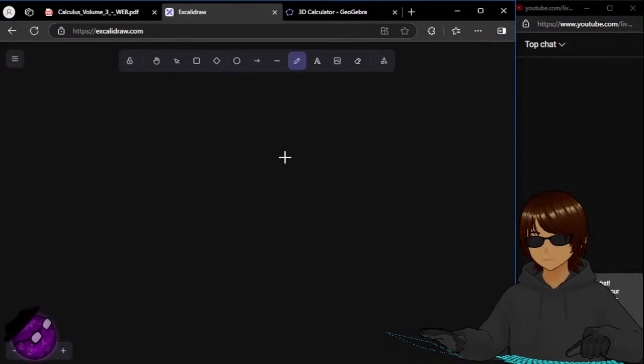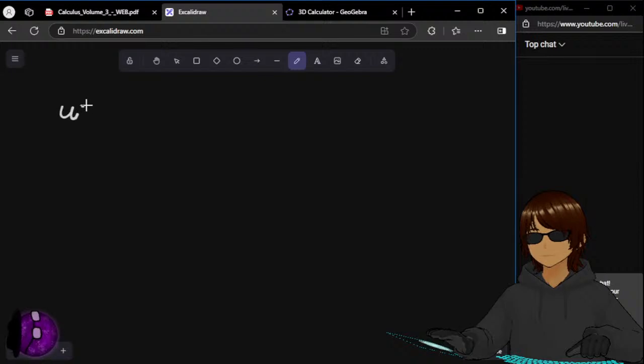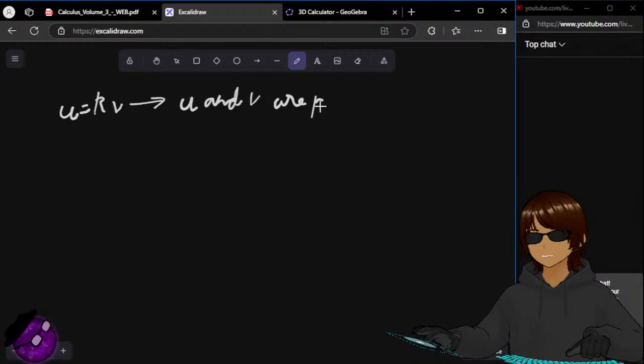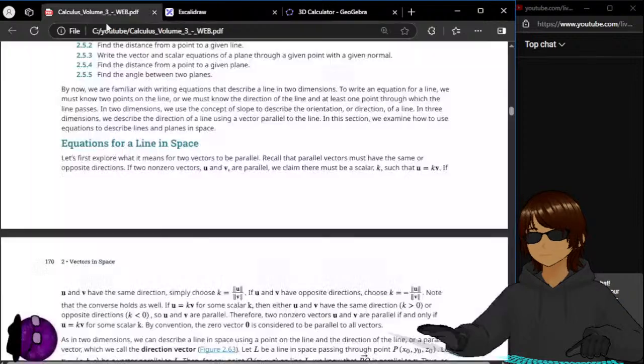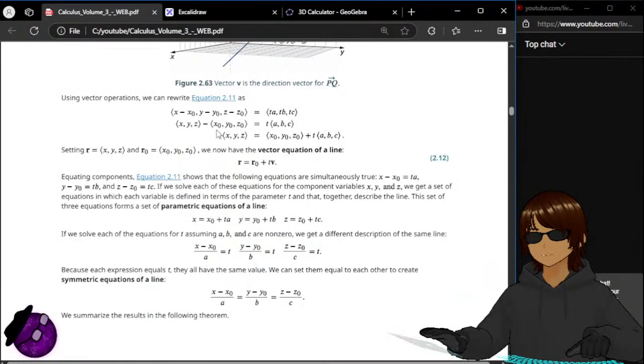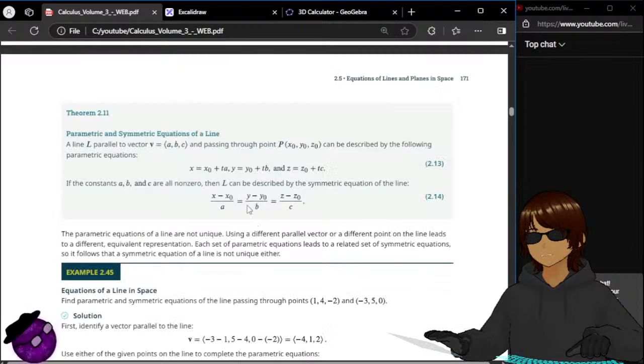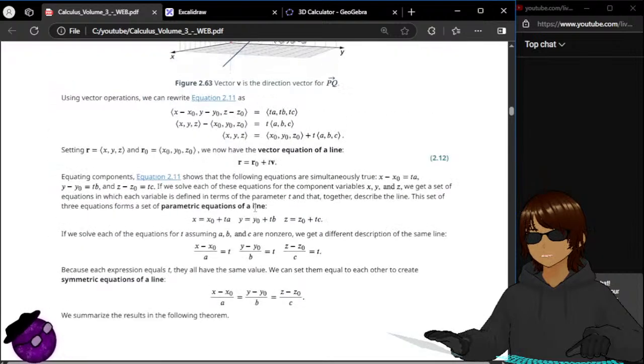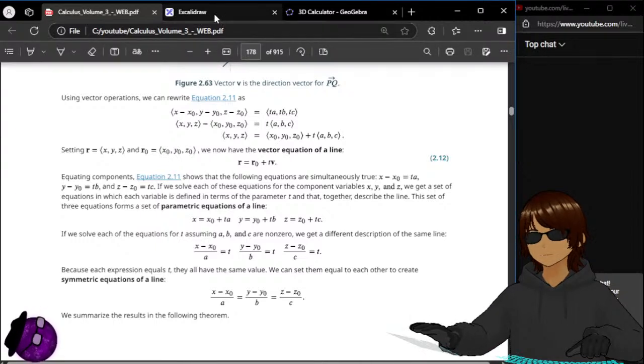So u equals kv implies u and v are parallel. And if you want to represent a line, we do it with this equation.